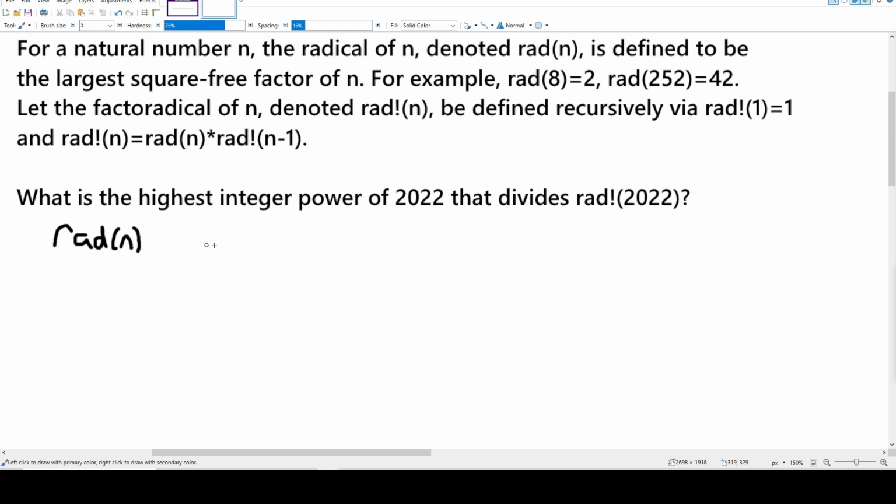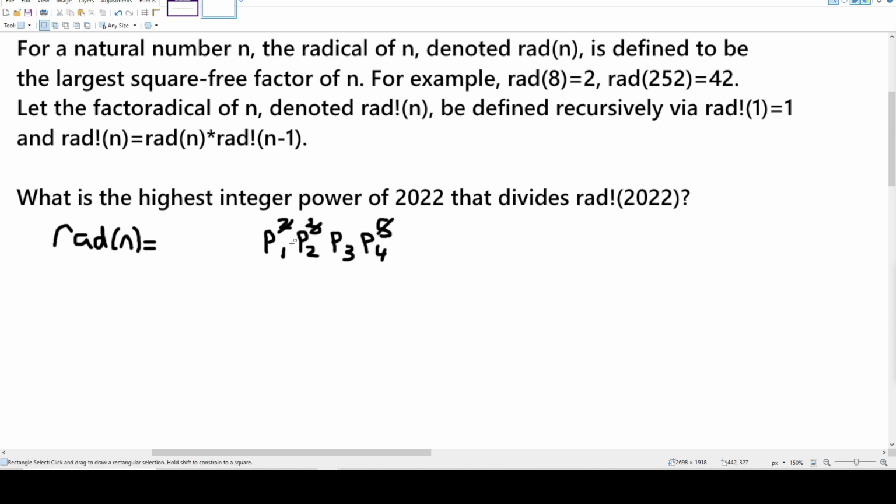So let's say that n equals p1 squared times p2 cubed times p3 times p4 to the fifth, where p1, p2, p3 are just primes. What rad n does is it takes these exponents and just slashes them down to 1.